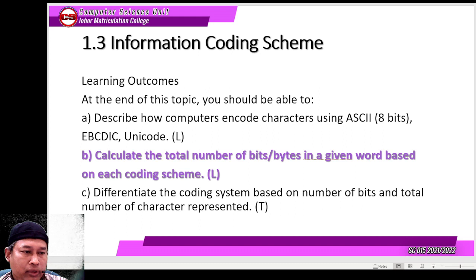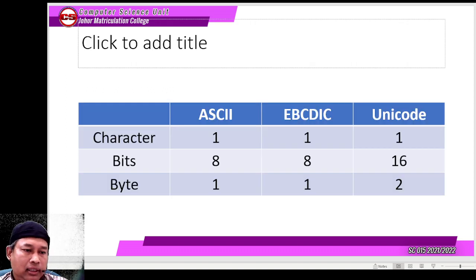Now we will continue with how to calculate bits and bytes for a given word based on each coding scheme. Remember the coding schemes: in ASCII, 1 character uses 8 bits. In EBCDIC, 1 character uses 8 bits, and in Unicode, 1 character uses 16 bits.